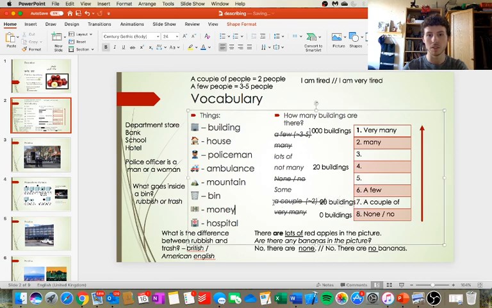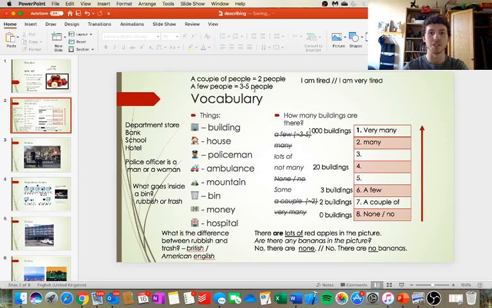Move this. This one is 2 buildings. And this one is 3, right? A few means, well, 3 to 5. Okay, lots of, then a few, and some.